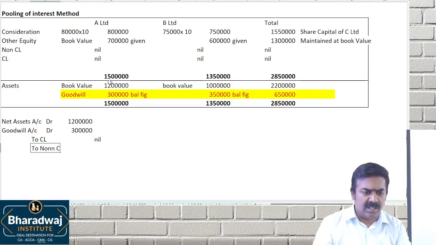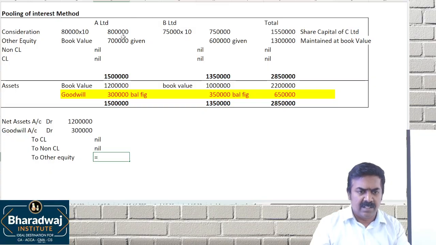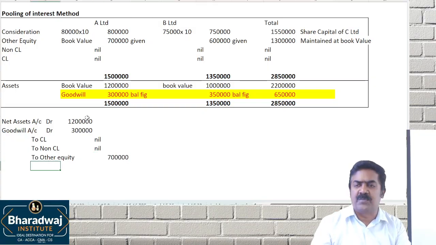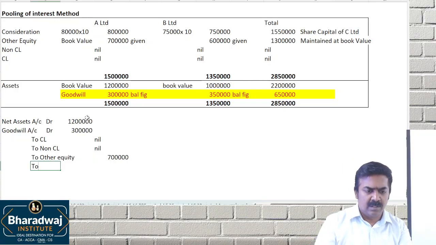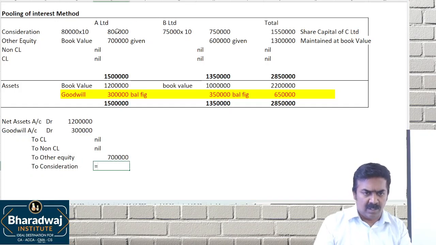To non-current liability also, nil. To other equity also will be taken over, nothing but reserves and surplus. It will be maintained at book value. This is the difference. In case of normal business combination, we will not take over. To consideration, it will be recorded at what value? Nominal value. Even if they give you market value and all, please ignore.